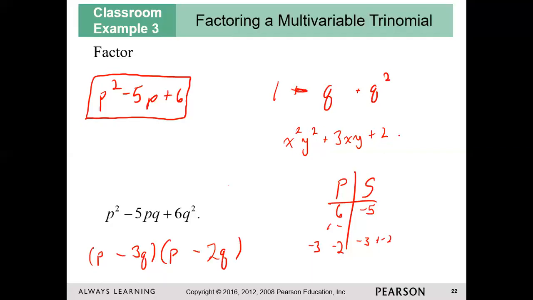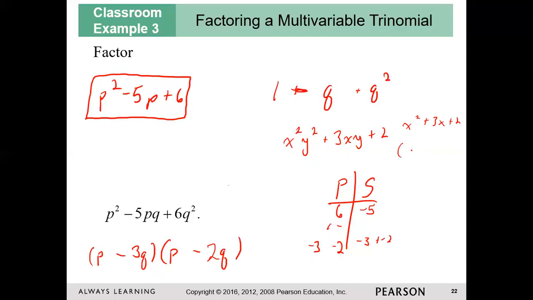You can still ignore the y's, but they're both going in the same direction. You have the squared, the degree 1, and then the degree 0. So with this problem, if you were to factor this using the product sum method, again, just ignore the y's for a second. Let's suppose you had x squared plus 3x plus 2.